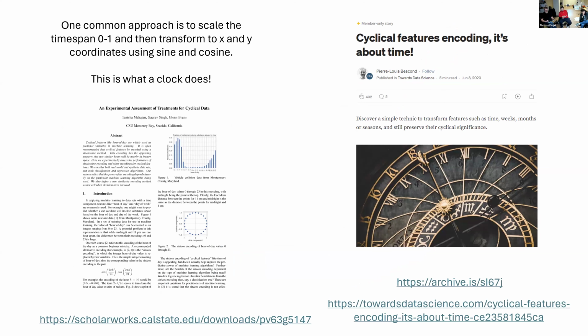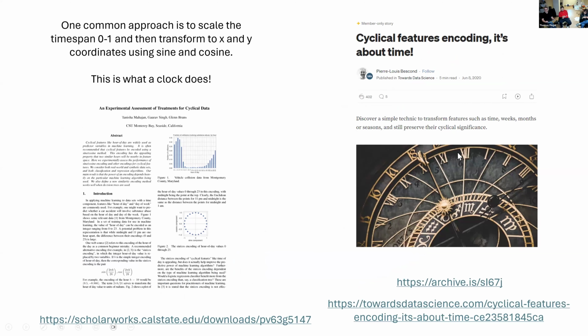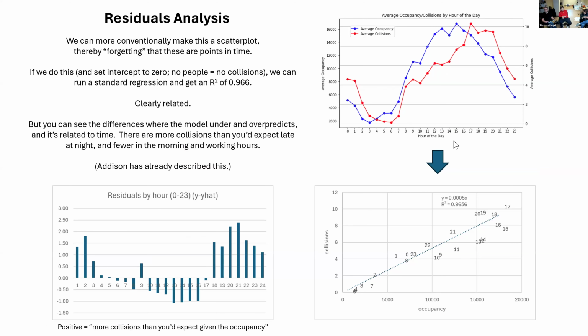So if time of day is related to collisions, how do we get that into the model? In multiple regression, we can have more than one predictor variable, but we wouldn't want to just use hour of the day as our predictor.